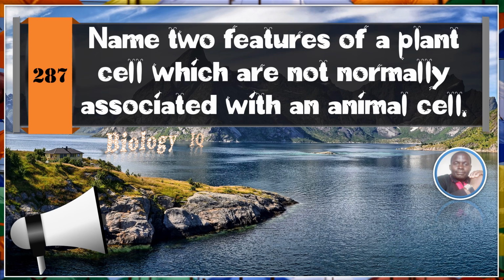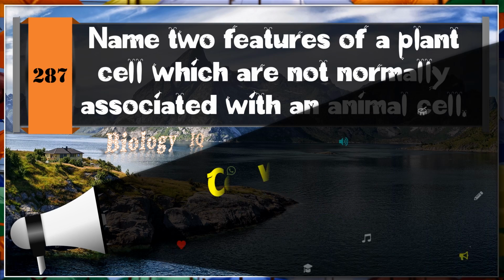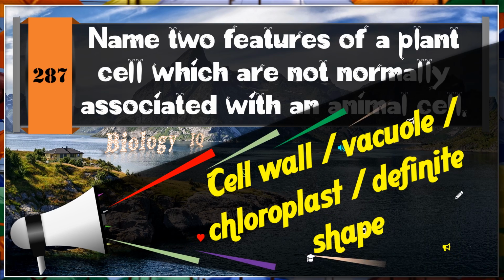Name two features of a plant cell which are not normally associated with an animal cell. Cell wall, vacuole, chloroplasts, definite shape.